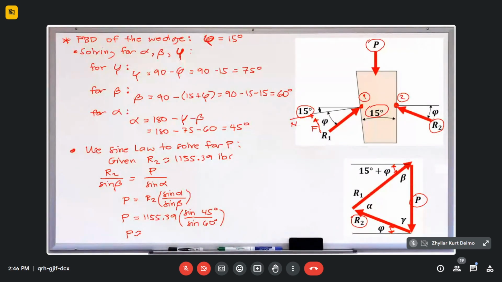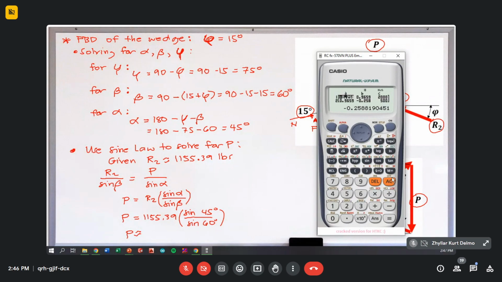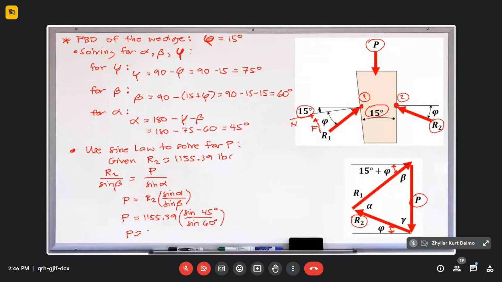Okay, so P is approximately equal to, balik ka sa normal na pag-compute, 1155.39 multiplied by sine 45 over sine 60. Okay, press equal. The answer is 943.37. So ang answer sa Singer is 944. Duol already kayo, no? Nagdaog gani sa ato ang pag-approximate sa value sa R2. So P is 943.37.